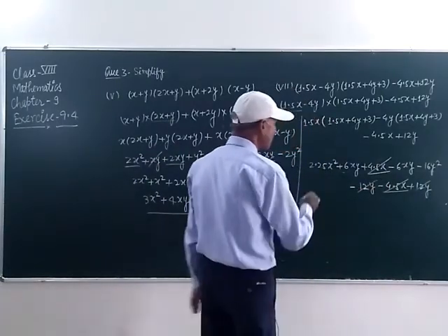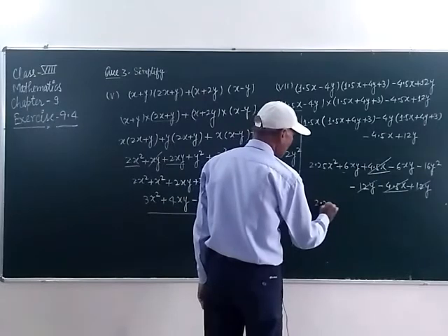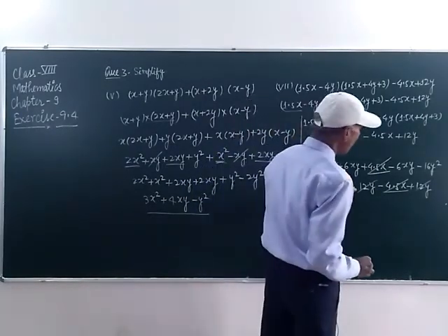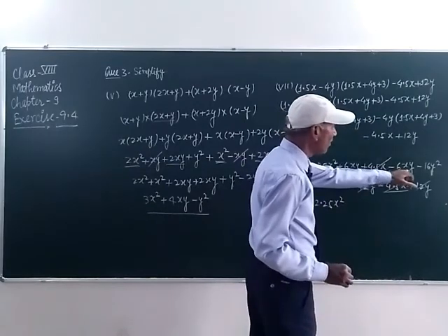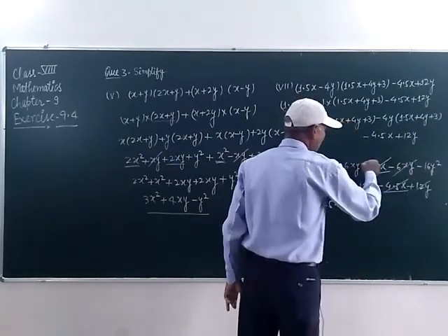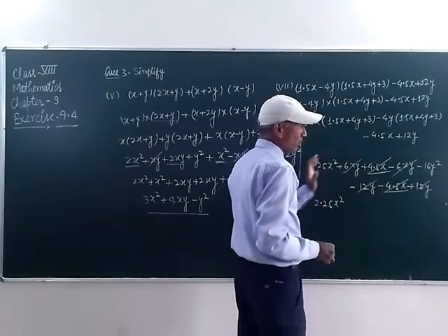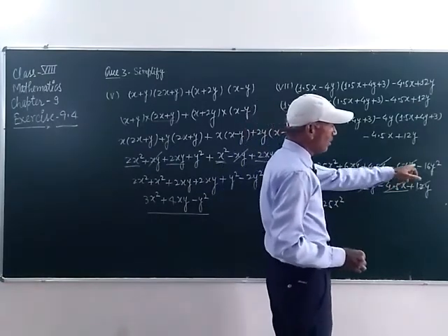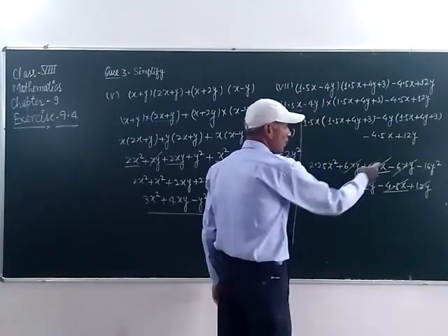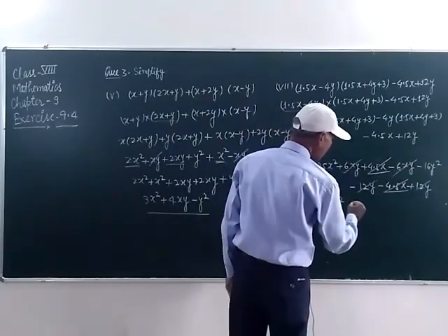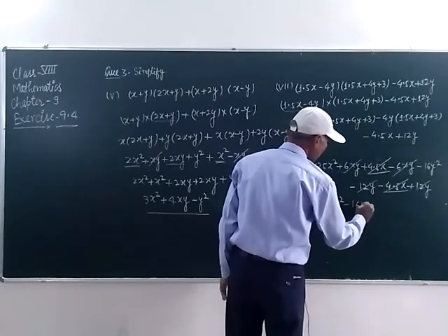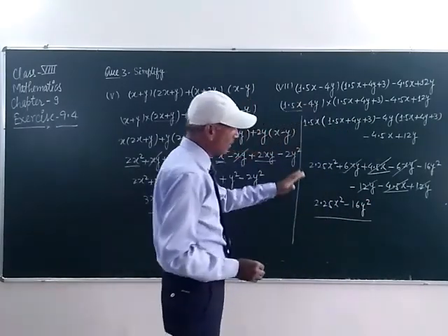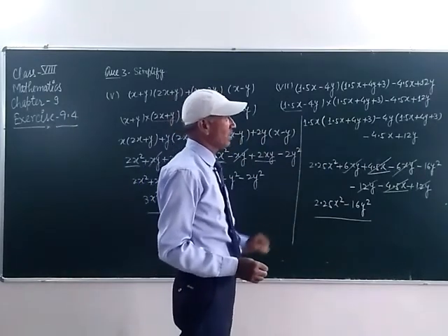Now the expression is 2.25x², and this one 6xy and minus 6xy student, it will be cancelled also. Clear student? Because it is positive 6xy and it is negative 6xy, so it will be cancelled. And next one is minus 16y². This one is the solution of this part of the question student.